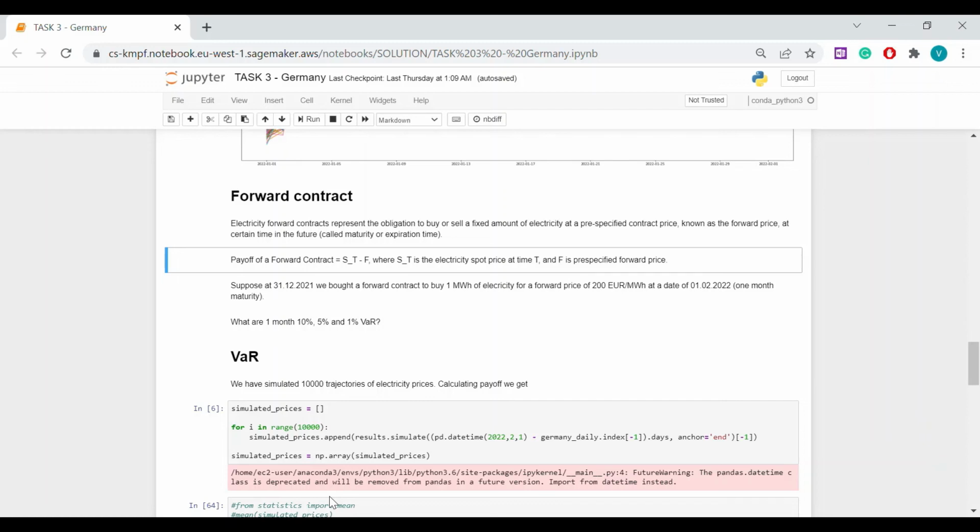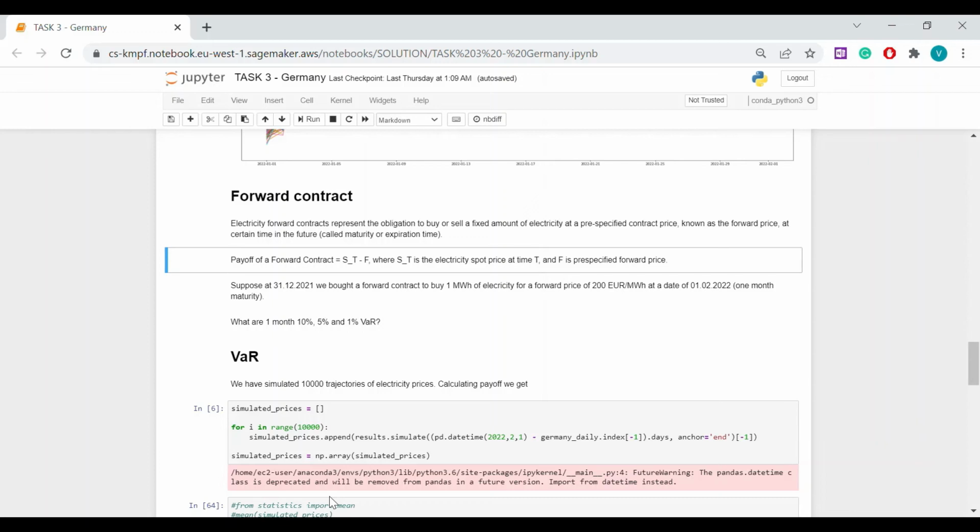So, for example, 5% value at risk is defined such that the probability of a loss greater than value at risk is at most 5%, while the probability of a loss less than value at risk is at least 95%.